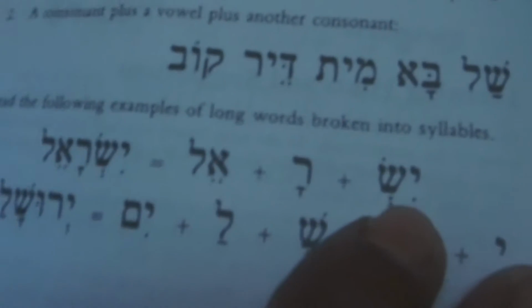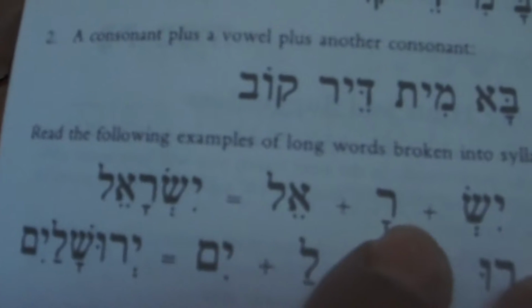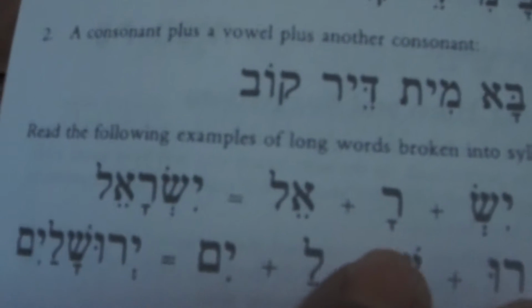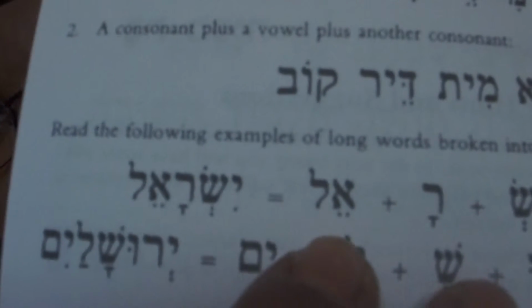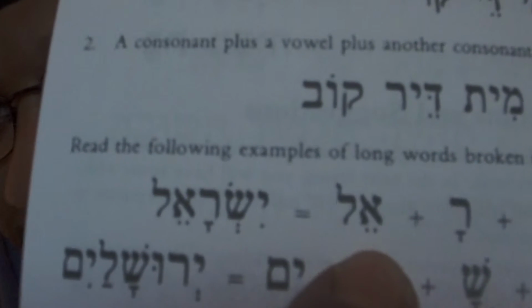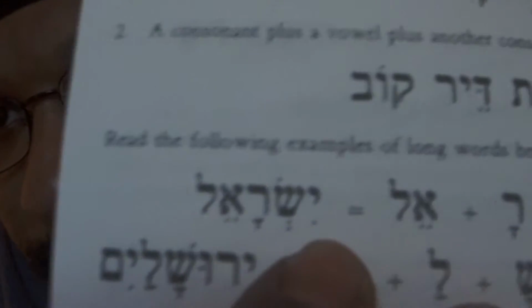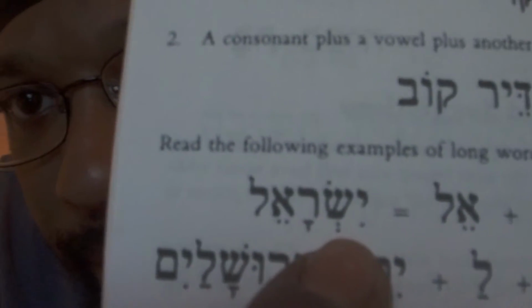Anyway, so we have ye, she, ra, a. The aleph is silent, so you have the AY, the 2 horizontal dots. A, L. Ye, she.